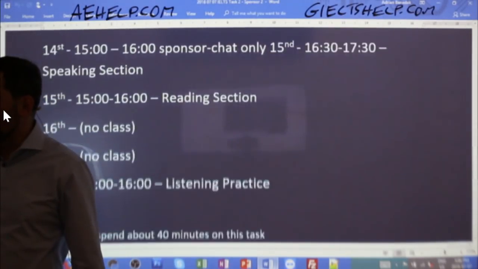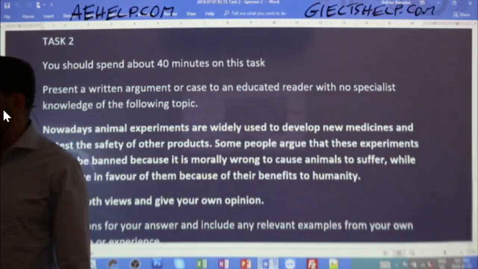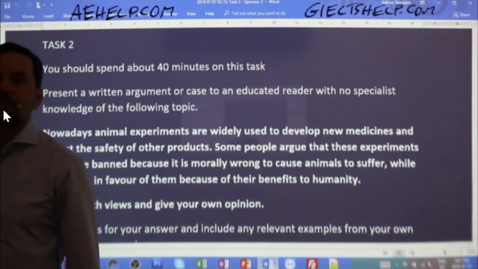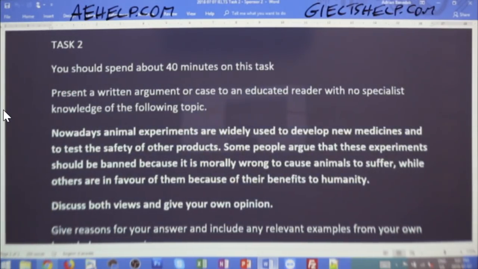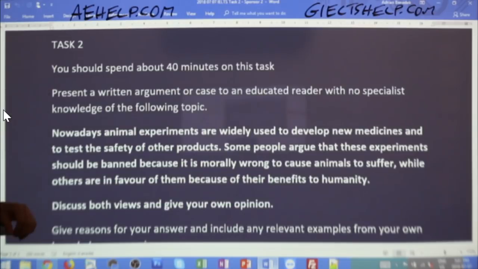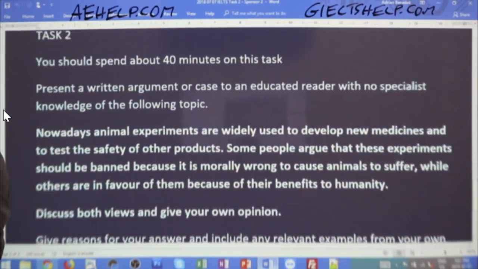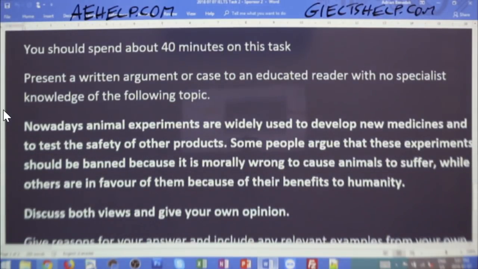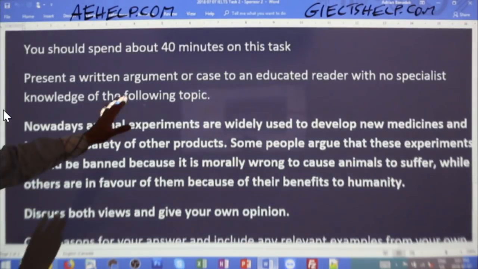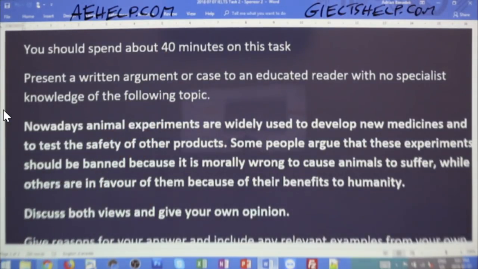All right. So let's just take a look at today's question, see where we're going with this. So this is our IELTS task 2 question. As usual, it reads, you should spend about 40 minutes on task 2. It is worth 2/3 of your writing score. So make sure you spend 40 minutes on this one and only 20 minutes on task 1.